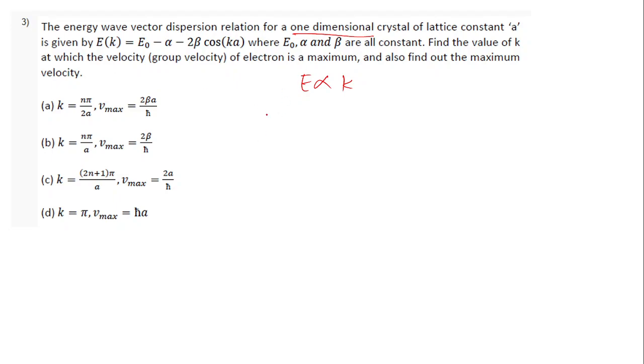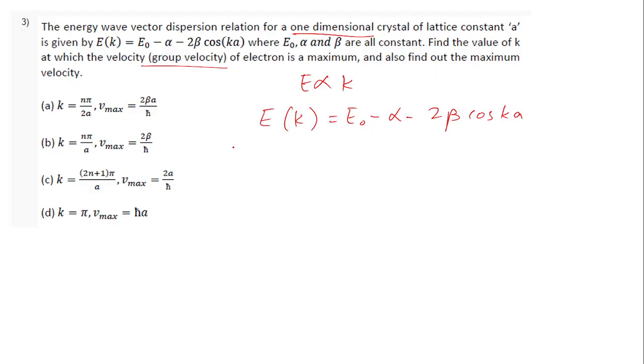So the energy expression, the dispersion relation, is given as E naught minus alpha minus 2 beta cos ka. k is the wave vector, a is the lattice constant, and E naught, alpha, beta, a, all these are constants. We have to find out the group velocity of electron.